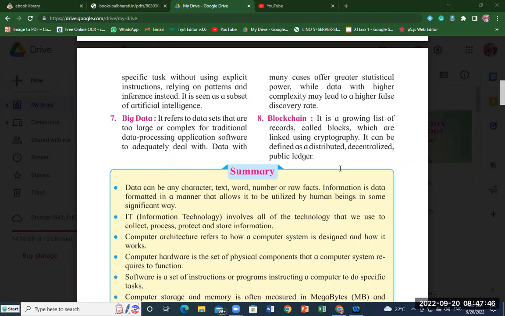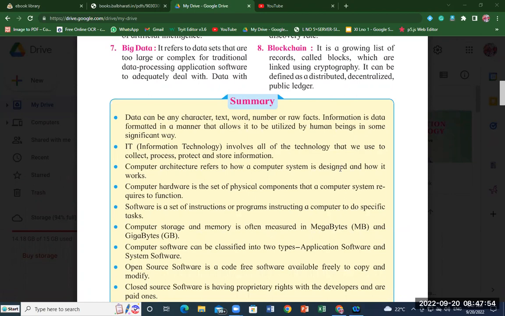It may be anything. As it is said, it is used for distribution, for decentralization, or as a public ledger. You can use it in any way, but the chain or the data in this blockchain is kept secure. It's not shown to anyone else. That is what blockchain is.